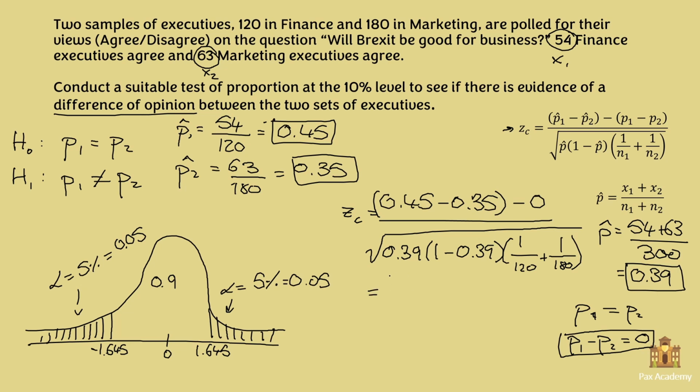Now, I've already calculated the answer in order to save some time, but if you plug this into your calculator, you should get that the Z value is 1.74.